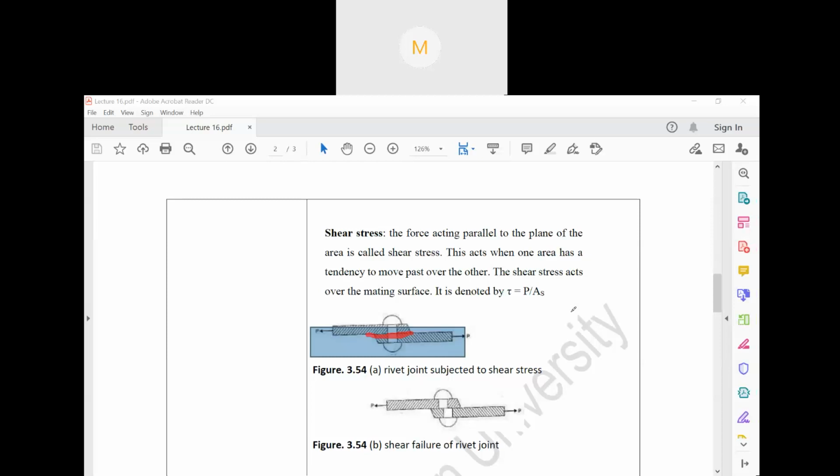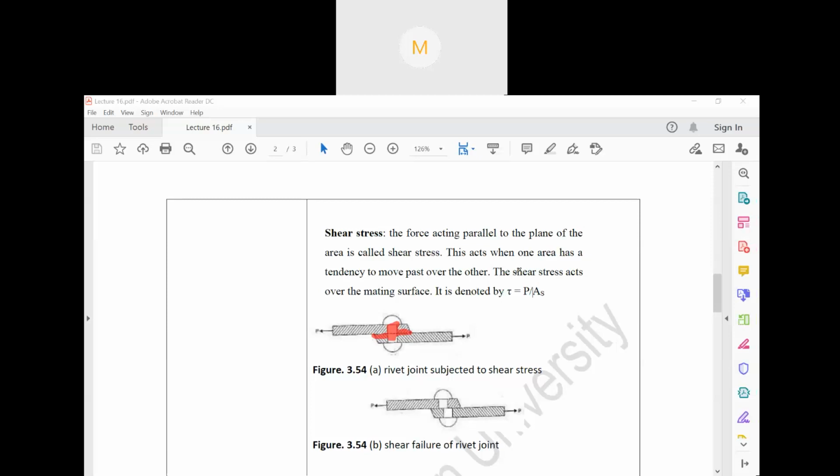Now this is joined here using a bolt. If this is joined here, then what will happen? Once shear stress is applied, it will experience the stress here and eventually get torn out.